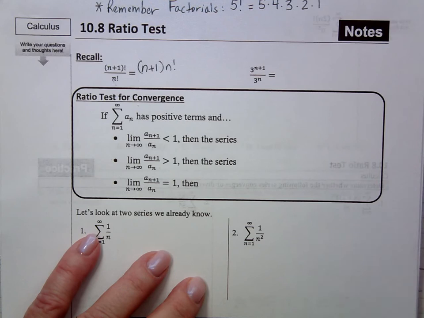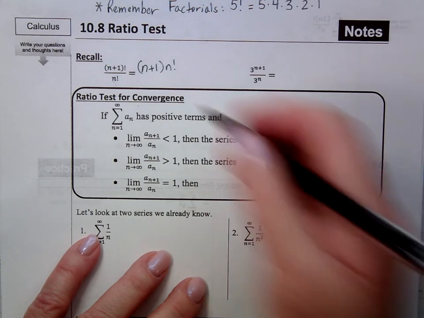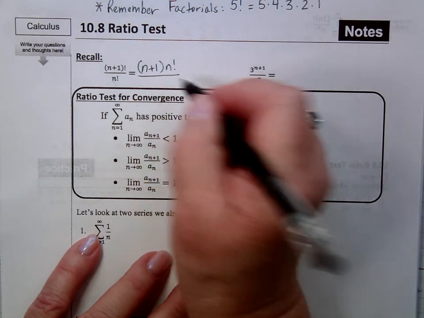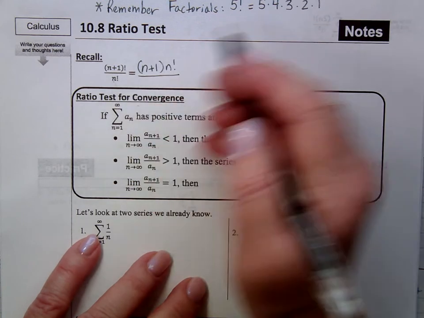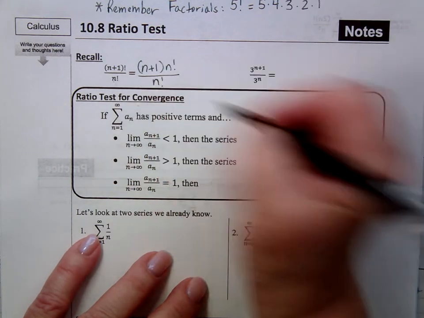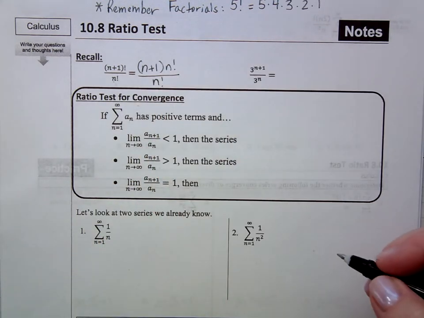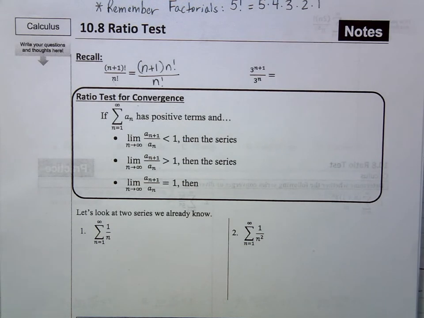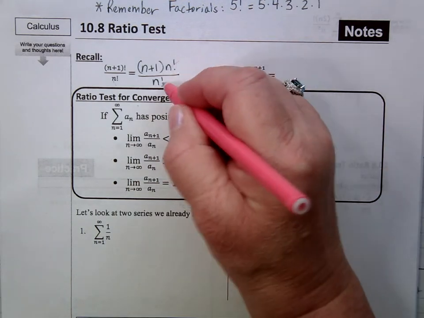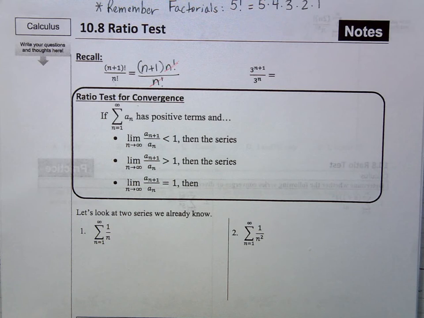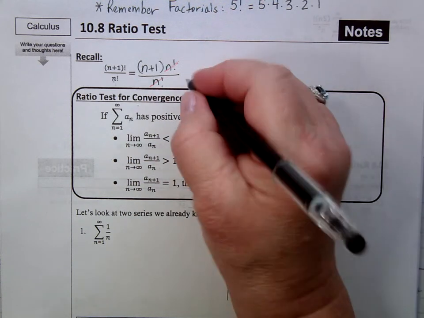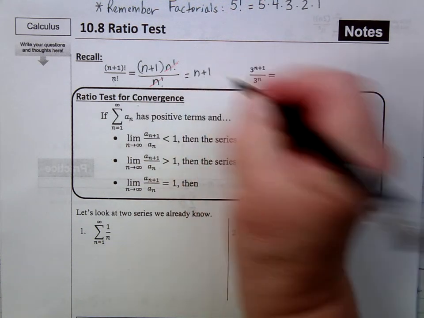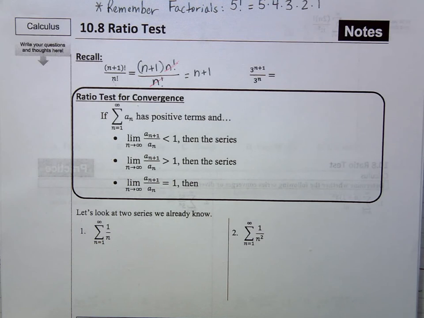And then it would be n minus 1 and n minus 2 and so forth down the line. But check this out. If I have n plus 1 factorial over n factorial, you end up having things that cancel out. Your n factorials on the top and on the bottom can cancel out, and this equals just n plus 1. That's going to come up in some of the studies that we do.